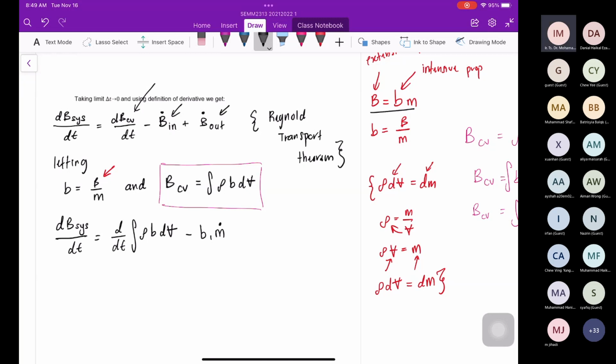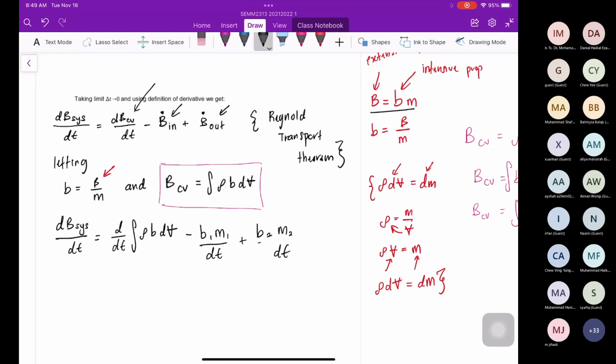You can see this is the dot product, which means mass over time. Or you can put it this way: mass 1 over dt, plus b2 mass 2 over dt.